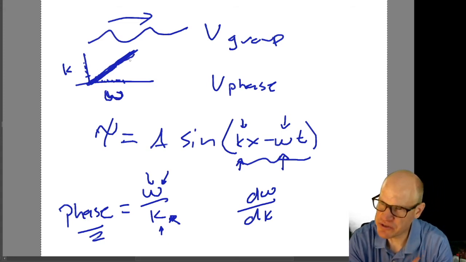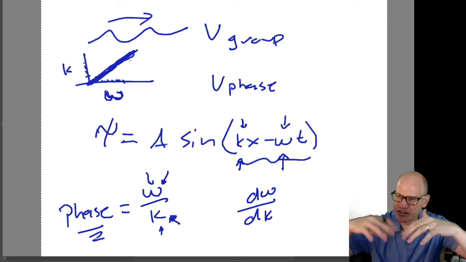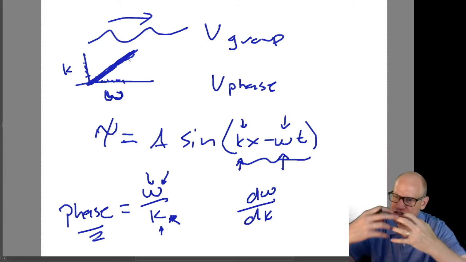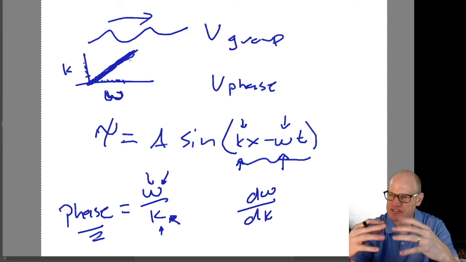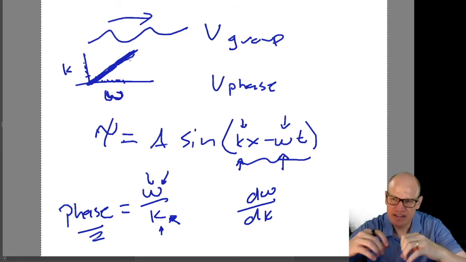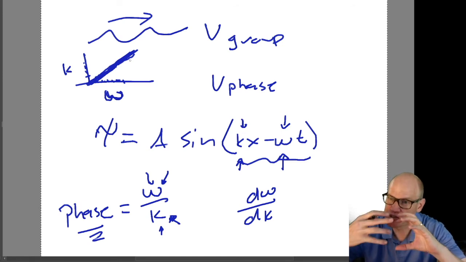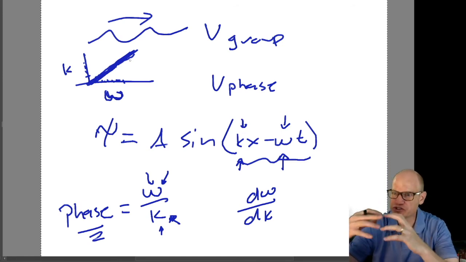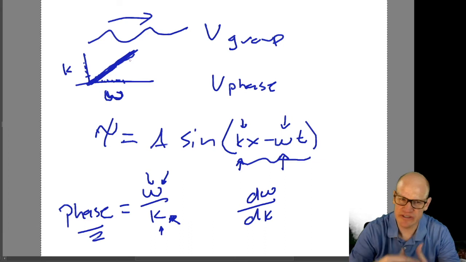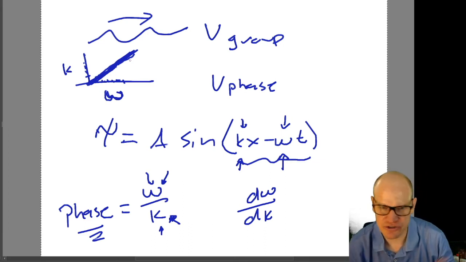You can have a substance where once you get up to some point and you're trying to wiggle it at a certain speed, it actually slows down. Suppose you have some substance that has some kind of viscosity. As you try to wiggle it, it might not be able to respond to really fast wiggling the same as it does to slower wiggling. Consider a guitar string, for example.